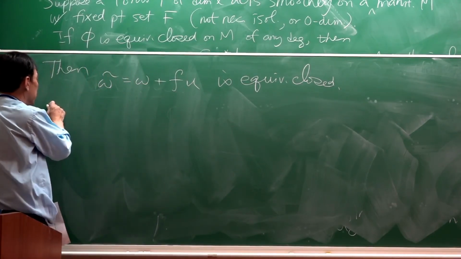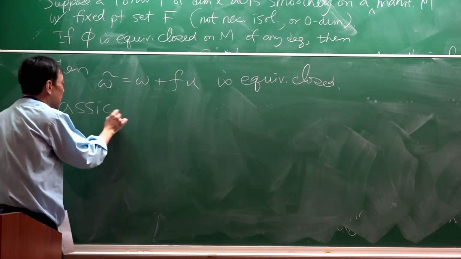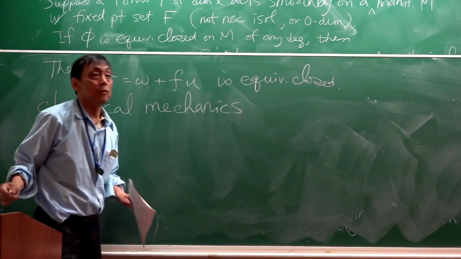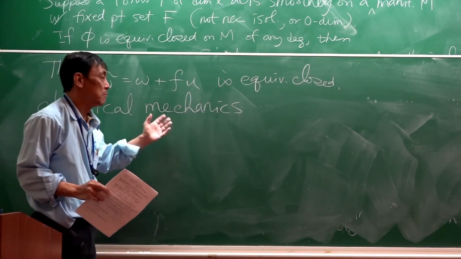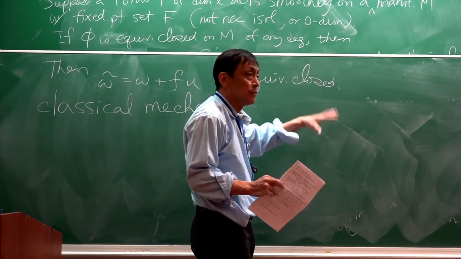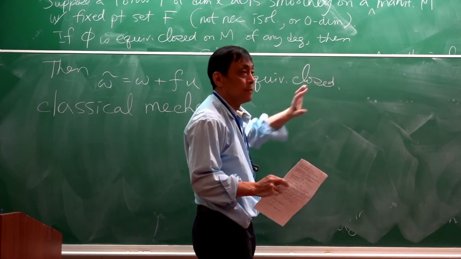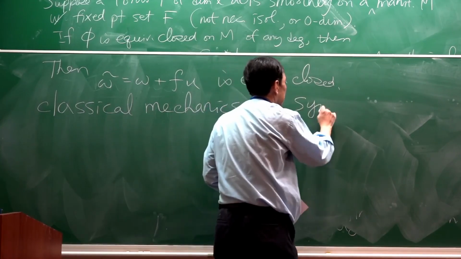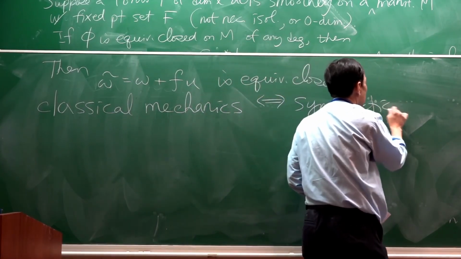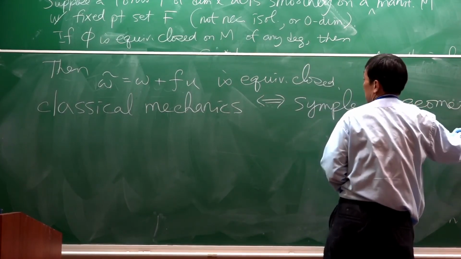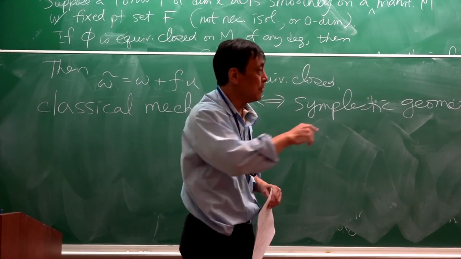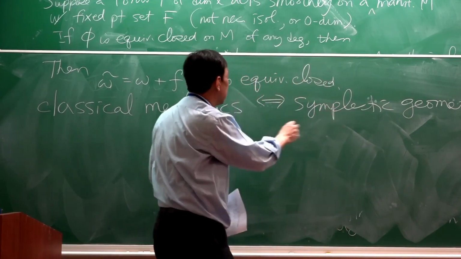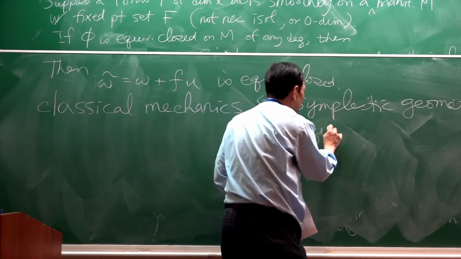Now, all this Hamiltonian action is classical mechanics. In classical mechanics, you have Newton's law and all these laws of motion. They can be translated into symplectic geometry. And in symplectic geometry, when you study Hamiltonian actions, it turns into equivariant cohomology.